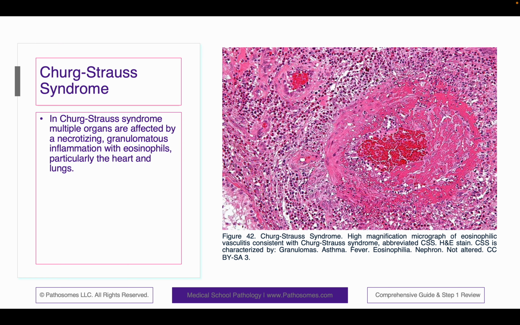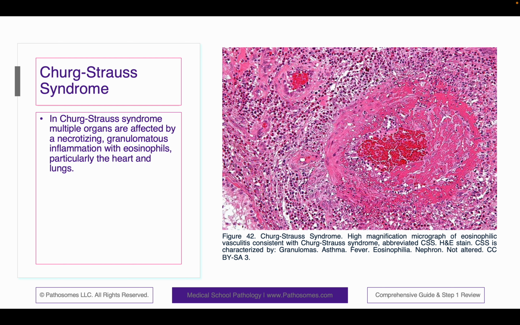Let's talk about Churg-Strauss syndrome, okay? We've seen this image, right? In Churg-Strauss syndrome, multiple organs are affected by a necrotizing granulomatous inflammation with eosinophils, right? Those bilobed pink guys. And what organs are particularly affected by Churg-Strauss syndrome?